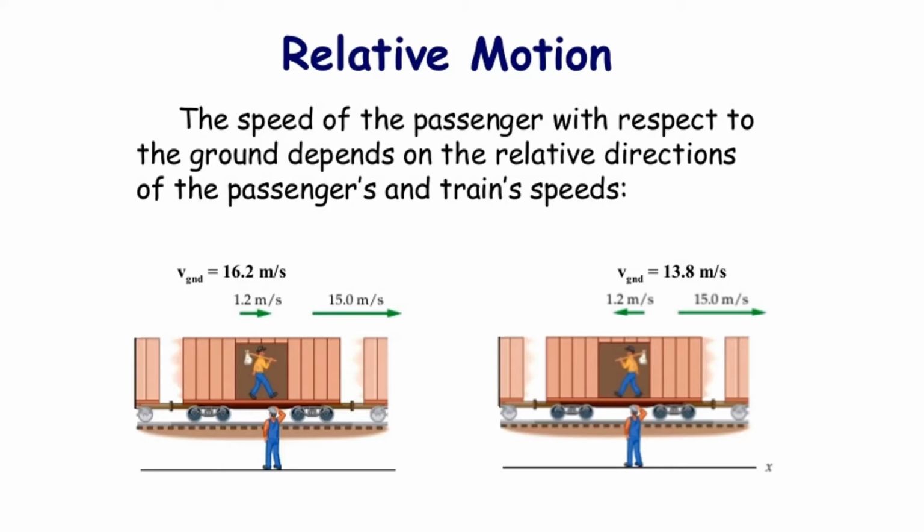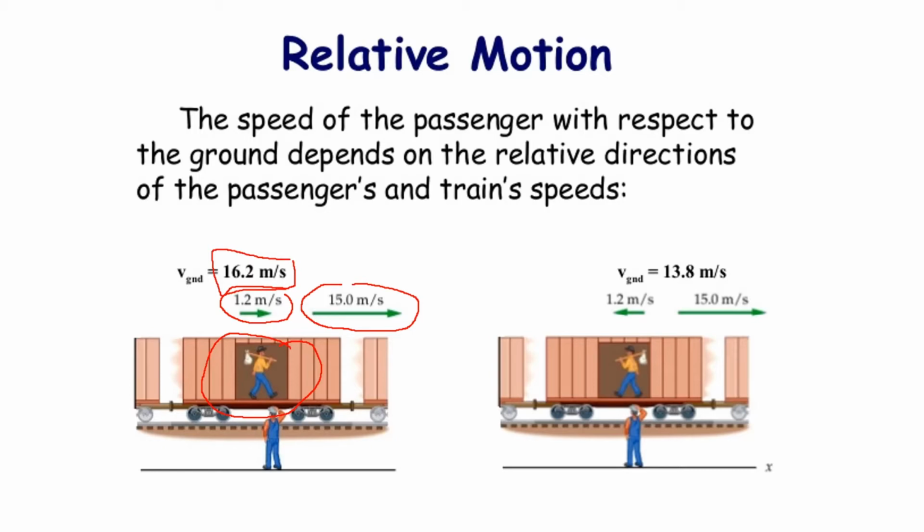If the hobo is going to the right, as is the case in this particular situation, then you can add his velocity, the 1.2 meters per second, and the train's velocity to get an overall velocity for the hobo of 16.2 meters per second.